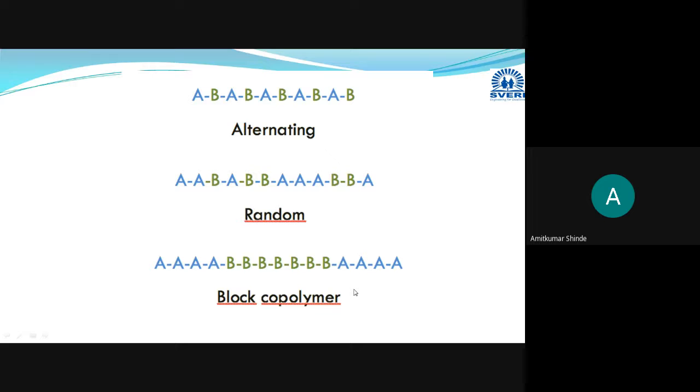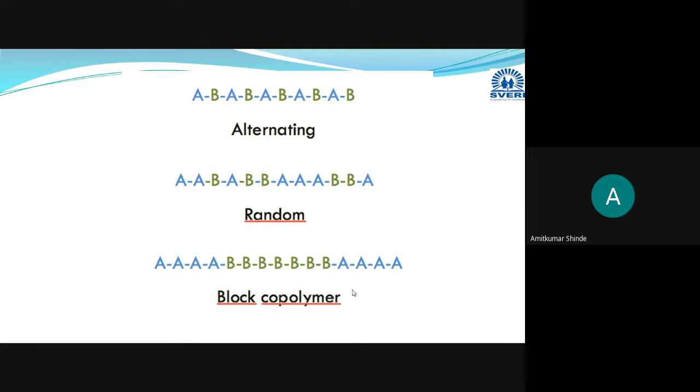Four types will be there for copolymerization. And one extra piece of information related to homopolymerization: when the polymer is formed from a single monomer, means only A will be there from start to end, or only B from start to end, it will be termed as homopolymerization.